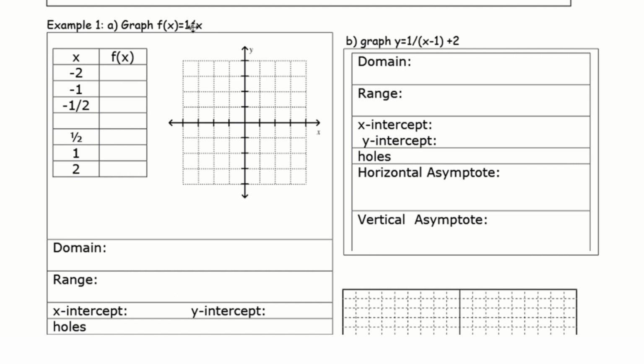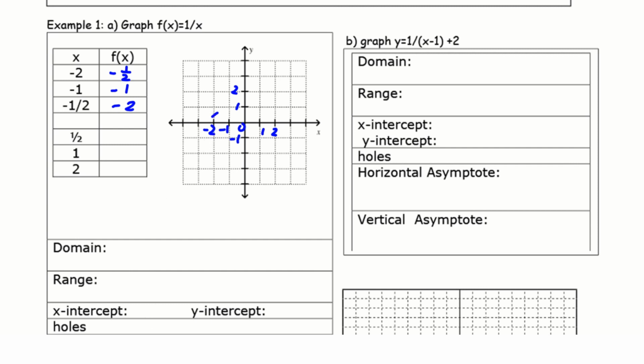Sub in x equals -2, we have -1 over 2. Sub in -1, 1 divided by -1 is -1. Sub in -1 over 2, you have -2. Then if we label the axes going by 1, you will see -2, we have -1 over 2.